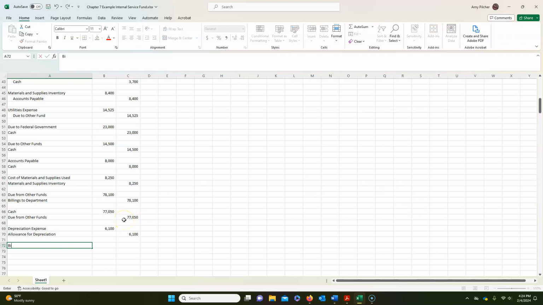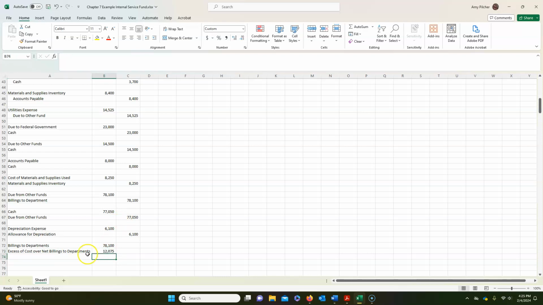So we're going to close billings to departments, which is one of our revenue accounts, and excess of cost over net billings to departments. And that number is a plug to make debits equal credits.